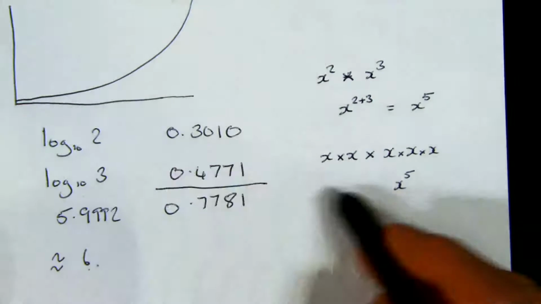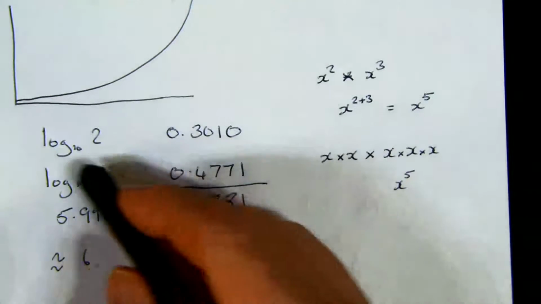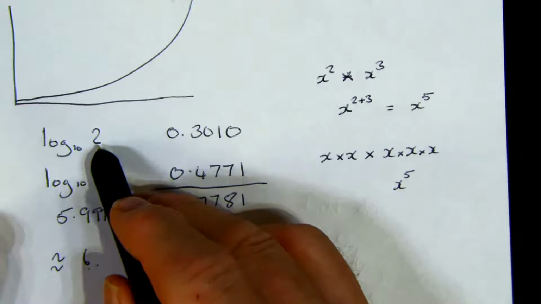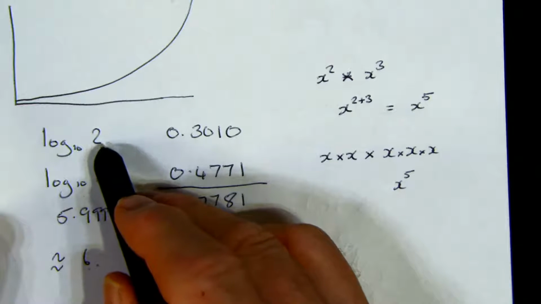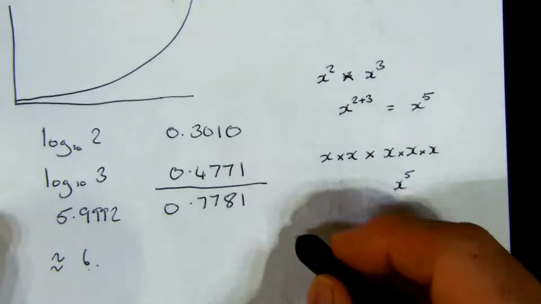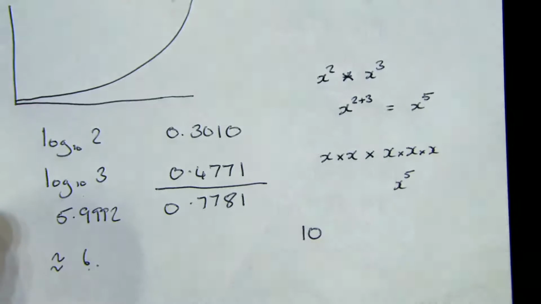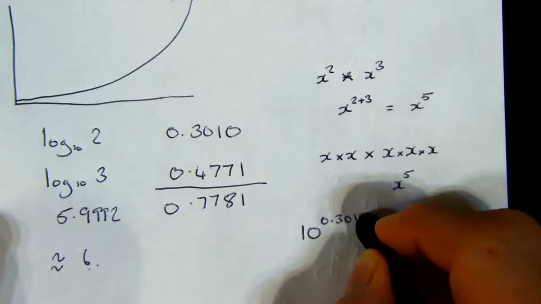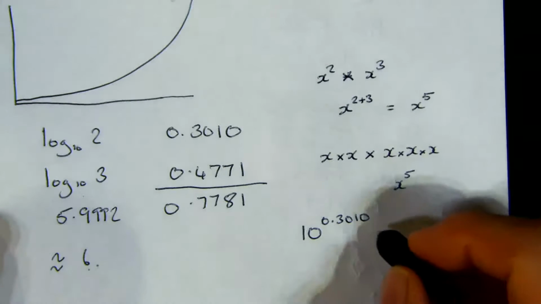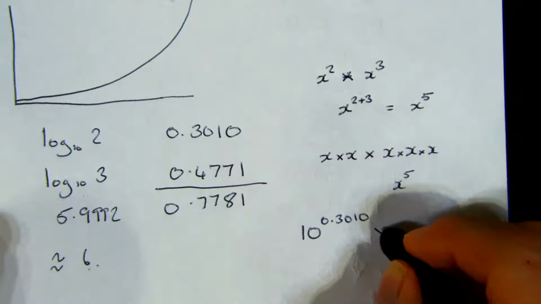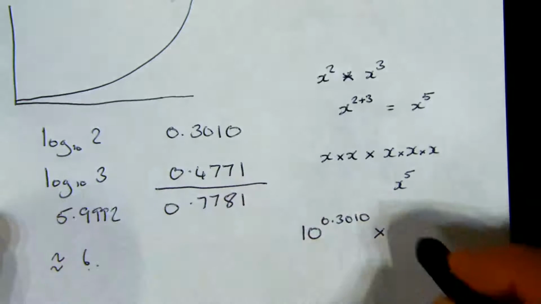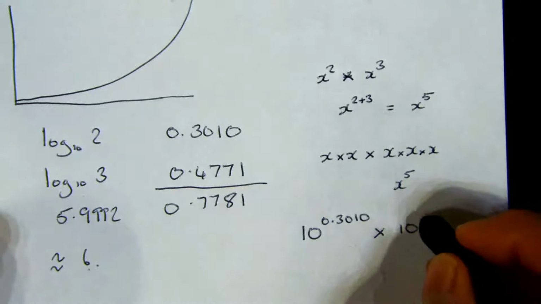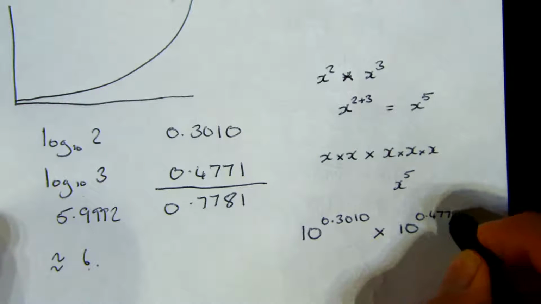So in some ways, I've done the same thing here. What I've done is I've said, well, what is 2? Well, 2 is 10 to the power of 0.3010. And I know that log 3 is the base 10 of 0.4771.